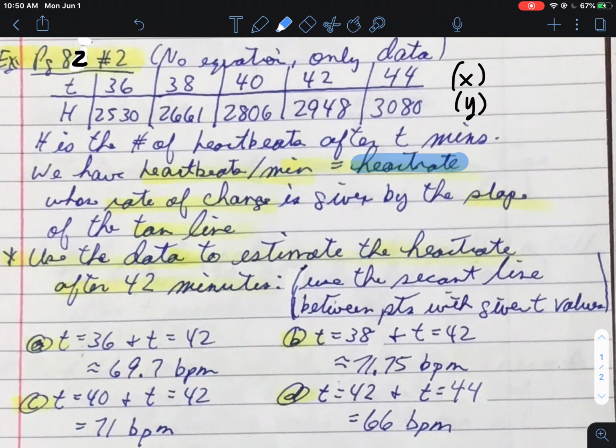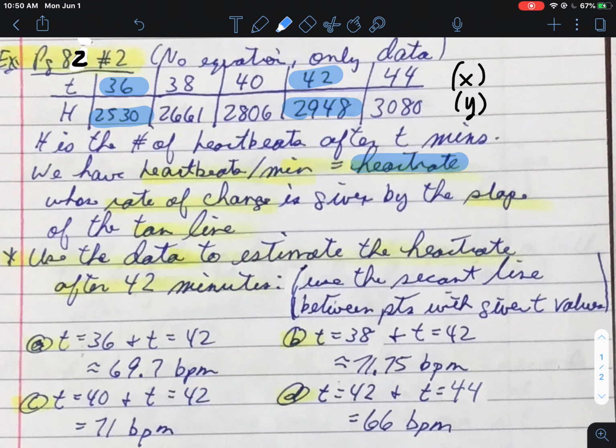In other words, if we look at the average heart rate over the interval from t equals 36 to t equals 42, change in number of heartbeats per change in time. So if I take the difference in heartbeats divided by the difference in time, that would give me the heart rate over that time interval from 36 to 42 minutes. But that's just an average over that time interval.